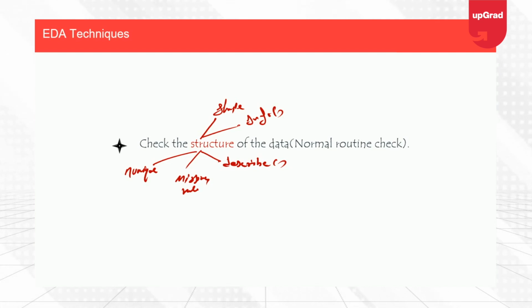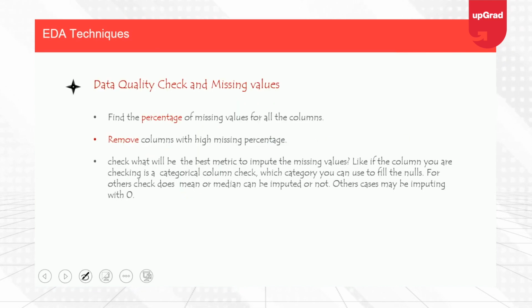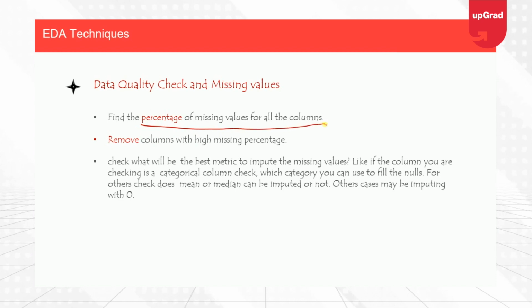Once you have checked the structure properly, the next step is basically the data quality check or checking of missing values. Well, there are various things that we can do in this section. We can check for the percentage of missing values in the columns if we have any.